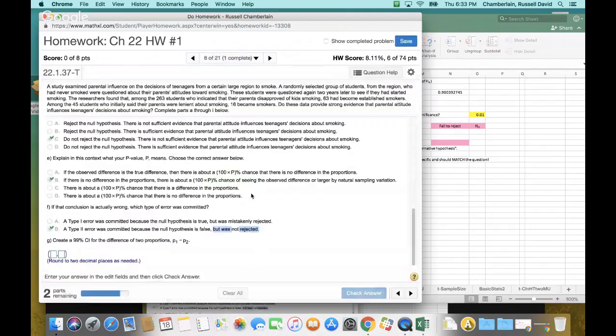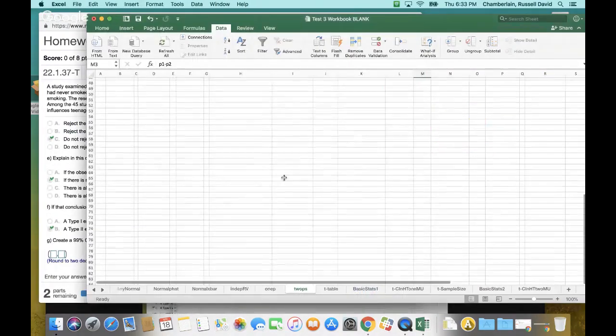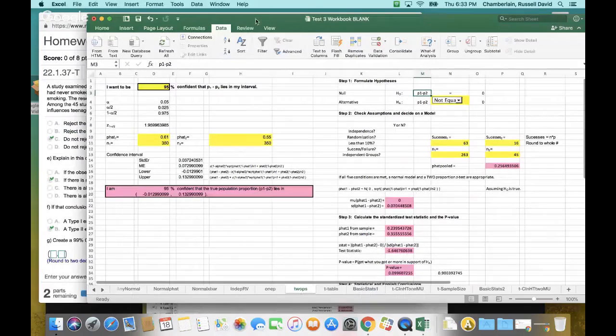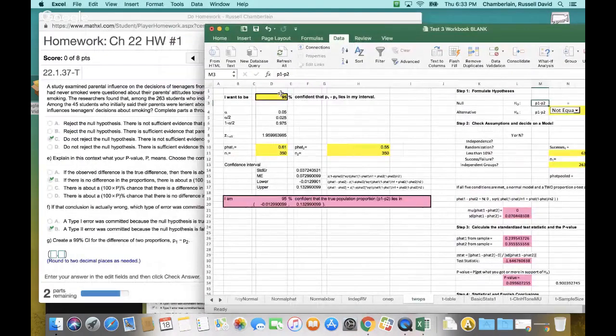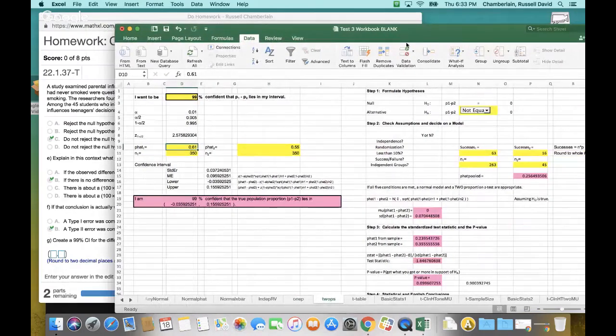Okay. Create a 99% confidence interval. Why, don't mind if I do. 99%. Boom. Oh, I gotta fill these in here. This is 63 out of 263.